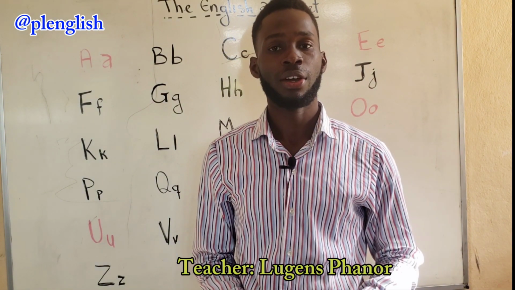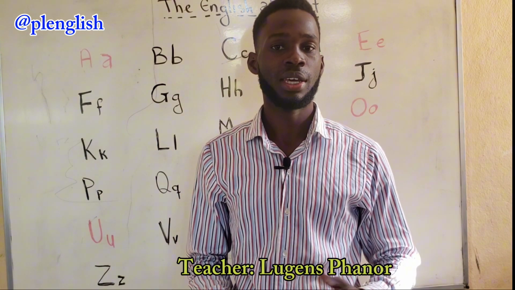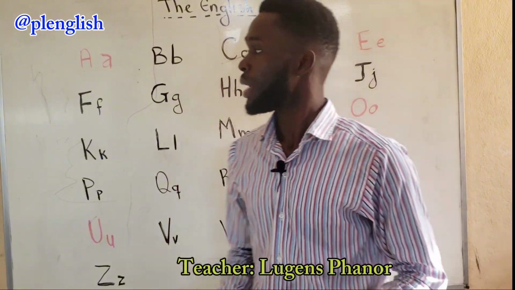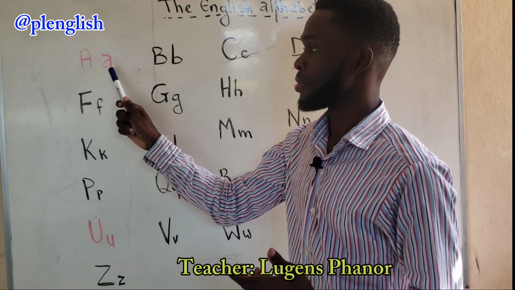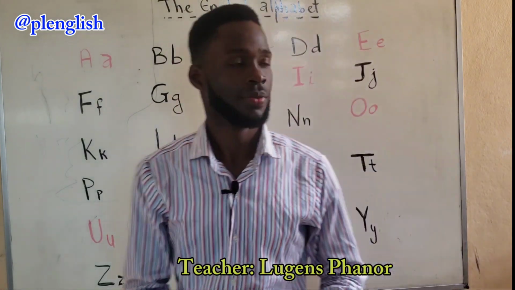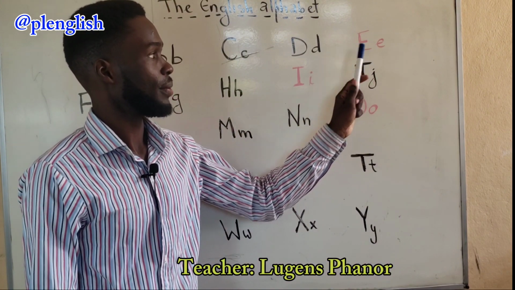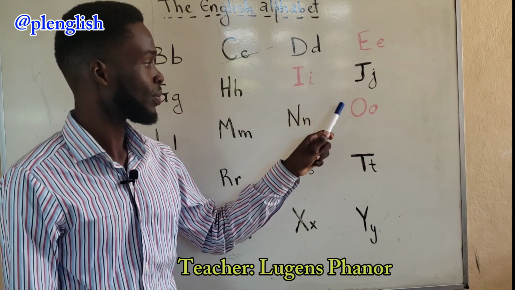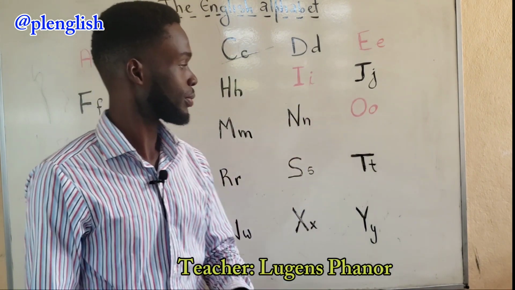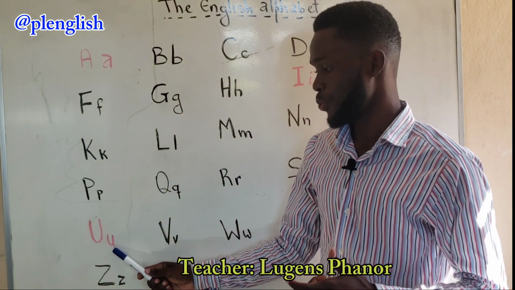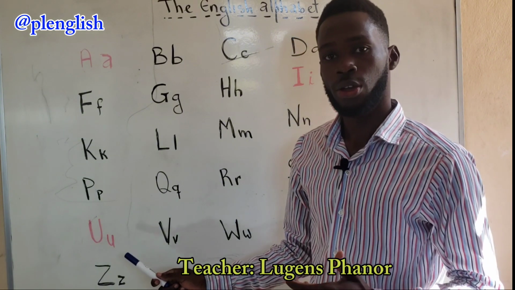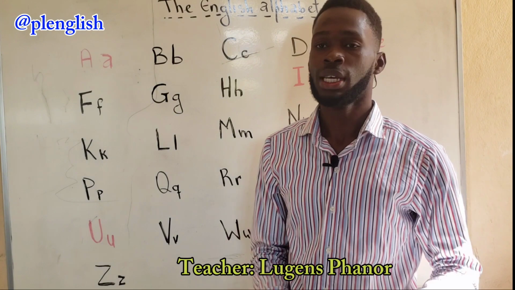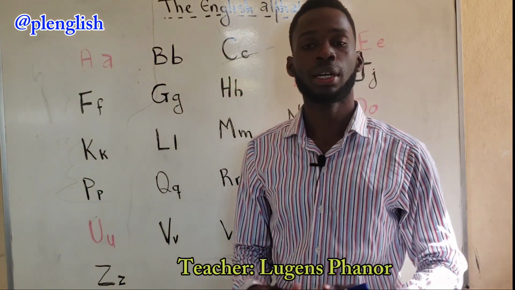The vowels are A, E, I, O, U. All of these letters are called vowels, and the other ones are called consonants.